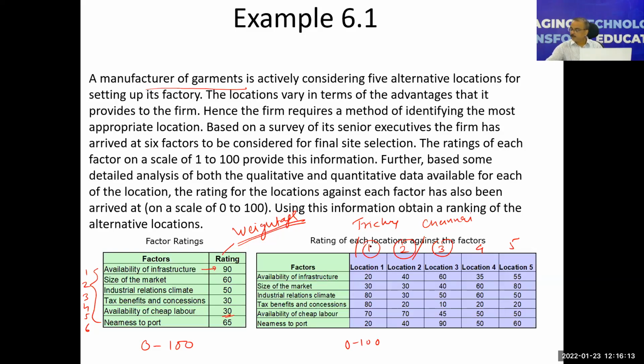For example, for location 1, Trichy, the availability of infrastructure, okay, there is not much infrastructure available, so maybe you will give a rating of 20. As far as size of the market is concerned, it has a moderate size, so you may give a rating of 30.